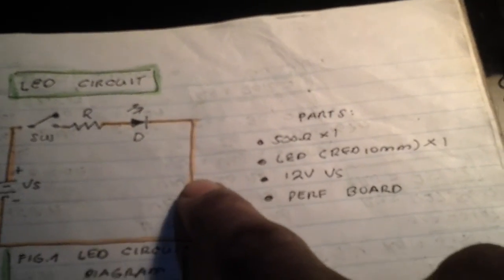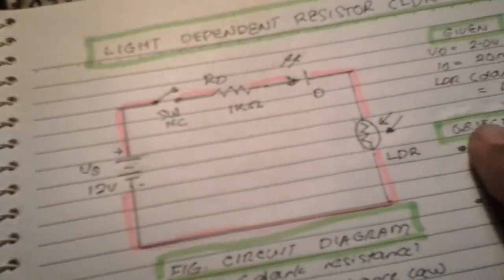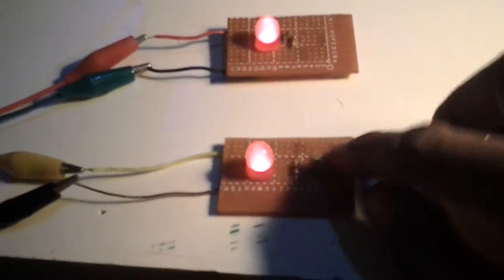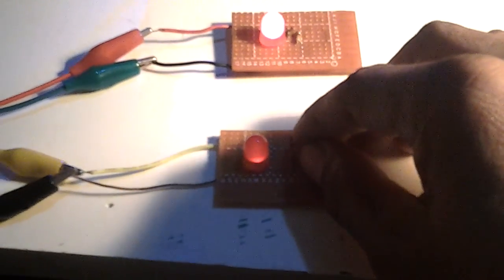It's just putting the LDR here, it becomes an LDR circuit. This LED circuit. So, that is we achieve these objectives here. We are controlling the LED light by varying the resistance of the LDR by putting it in the dark. Where is my cup?